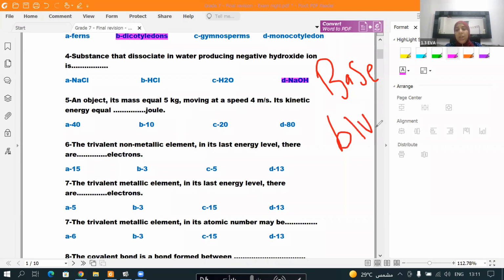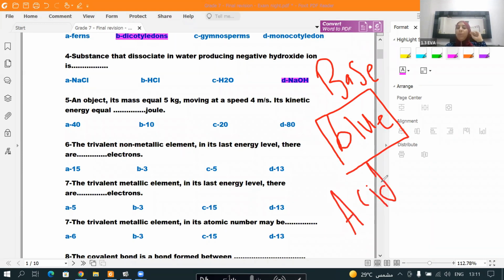Don't forget this, okay? We use the litmus paper to differentiate between base and acid. When you add litmus paper into a base, it changes its color into blue. When you add litmus paper into an acid, it changes its color into red, okay?